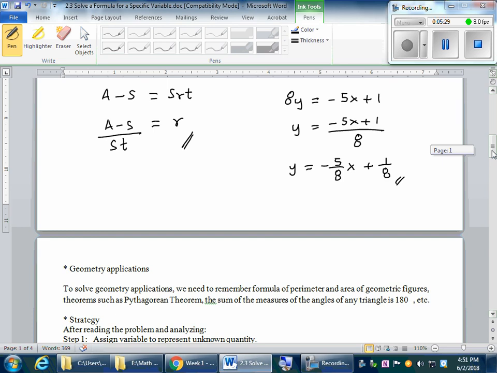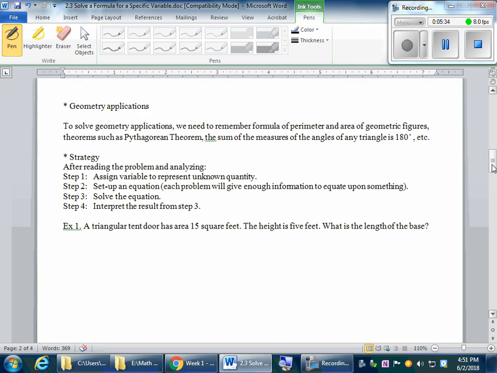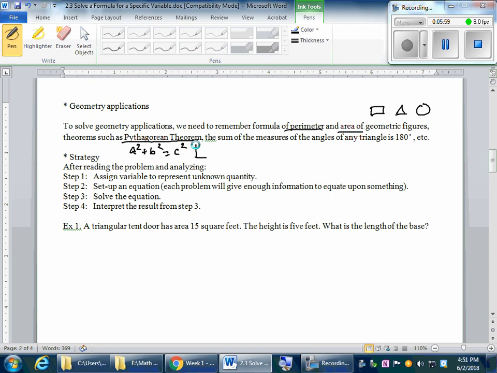Next up is geometry applications. So you need to remember a lot of formulas. Formulas for the perimeter and area of any figure, like rectangle, triangle, so on and so forth. A circle, yeah. And the Pythagorean theorem. The Pythagorean theorem is a squared plus b squared equal to c squared for the right triangle, which is your a, b, and c right here.